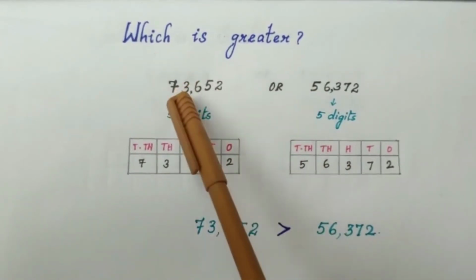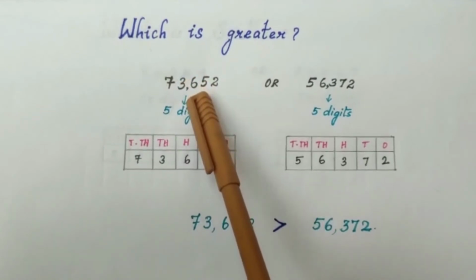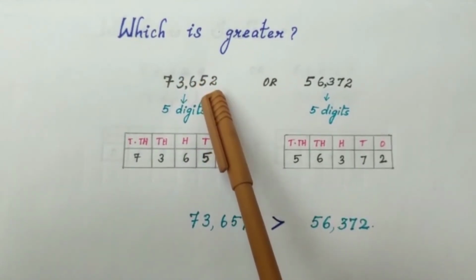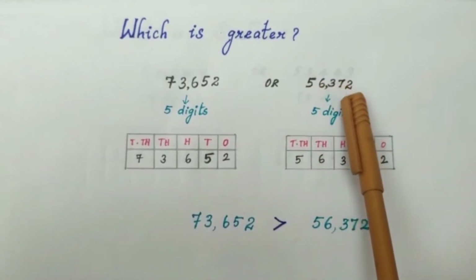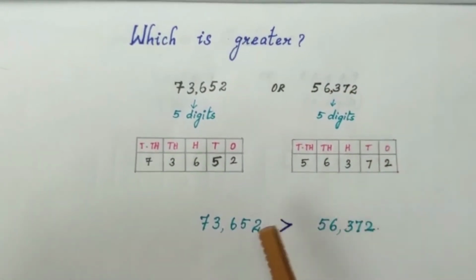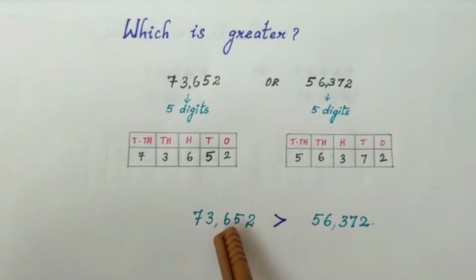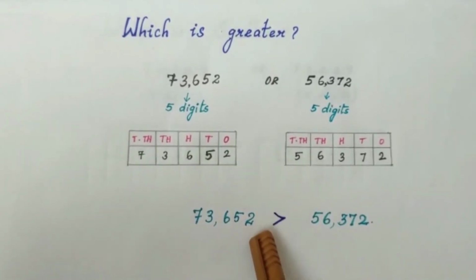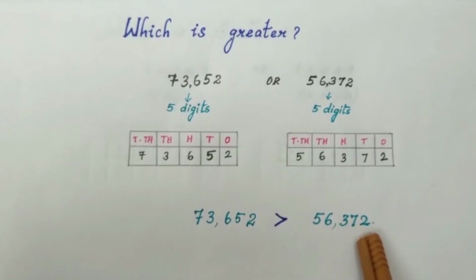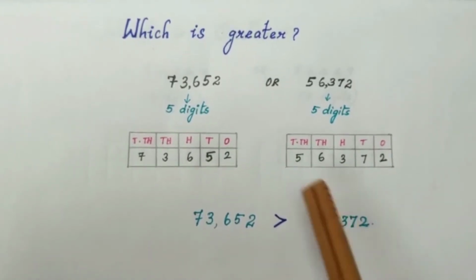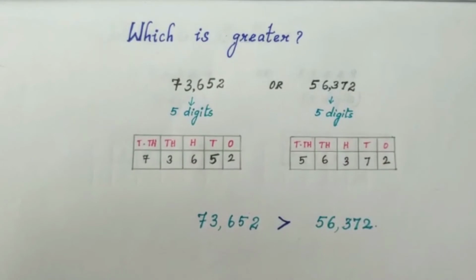Therefore, 73,652 is greater than 56,372. So, by using place value, we can find the greater numbers.